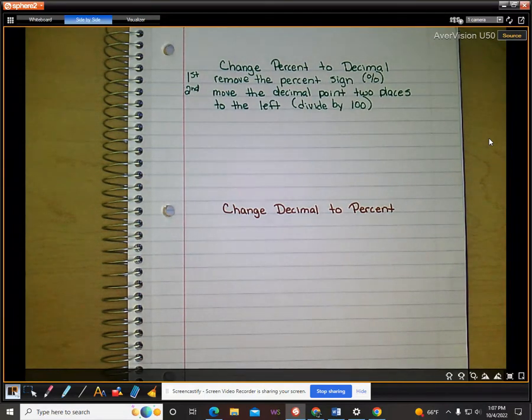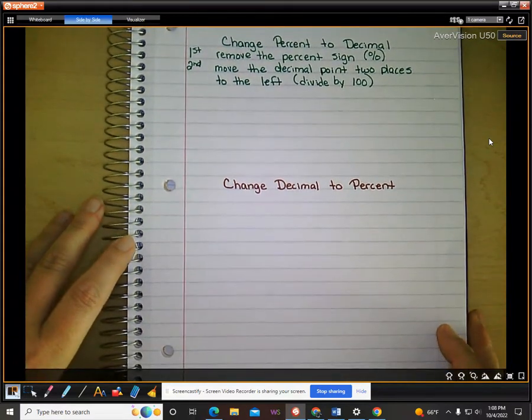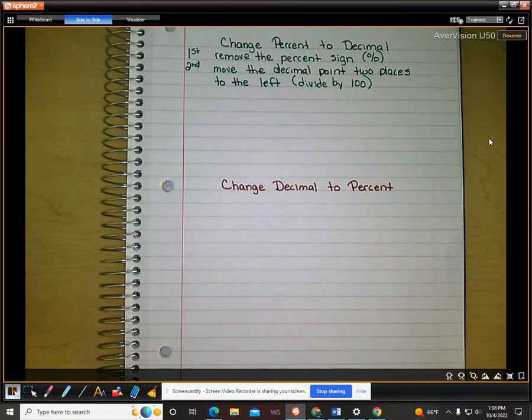Not when you're going from a percent to a decimal. You're going to want to move it 2 places to the left. Okay, so it's no longer a percent, so you get rid of the percent sign. Then you're going to move the decimal point 2 places to the left, or you can divide by 100. And we'll do examples once we take our notes for the next set.